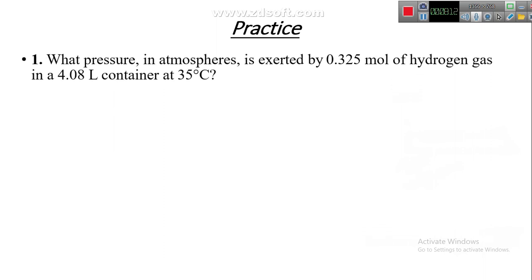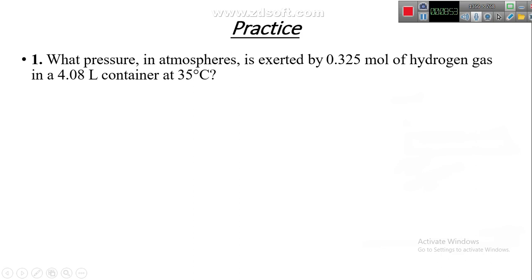For example: what pressure in atmospheres is exerted by 0.325 mole of hydrogen gas in a 4.08 liter container at a temperature of 35 degrees Celsius?